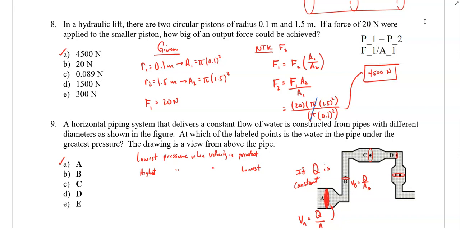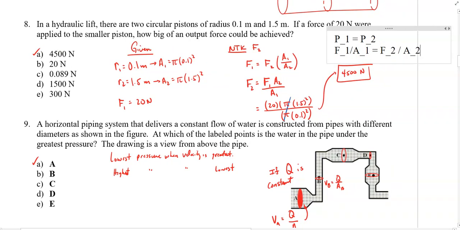So pardon the typing here, but hopefully you can follow along with this. If F1 divided by A1 is equal to F2 divided by A2, then you can see where this is coming into play. If I multiply both sides by A1, I now have F2 times A1 over A2.